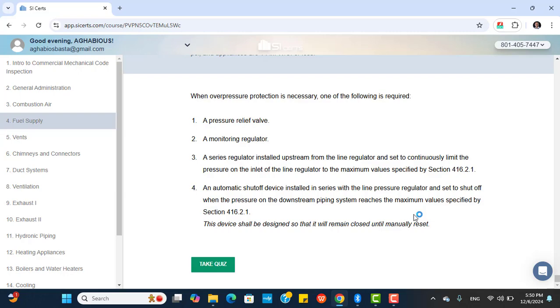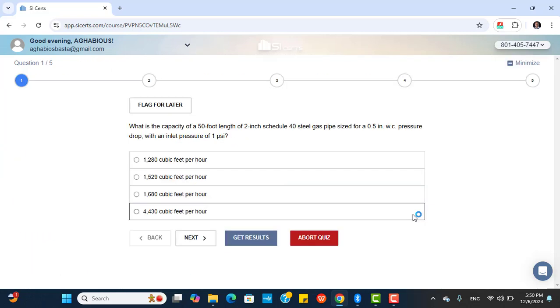Let's take the quiz. What is the capacity of a 50-foot length of 2-inch Schedule 40 steel pipe sized for 0.5 inch water column pressure drop with an inlet pressure of 1 psi? It requires a capacity for 50 feet. Okay, let's flag this one.